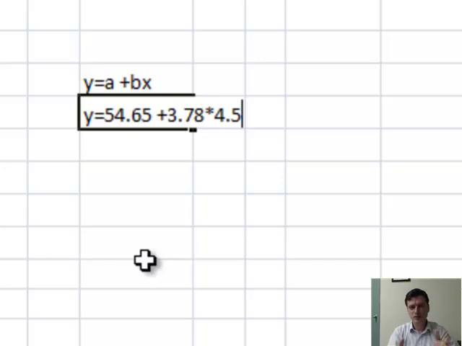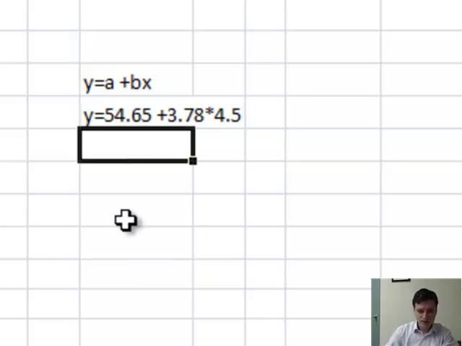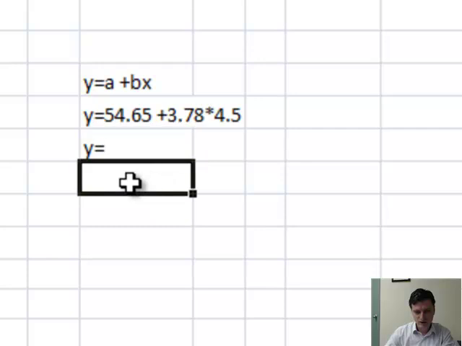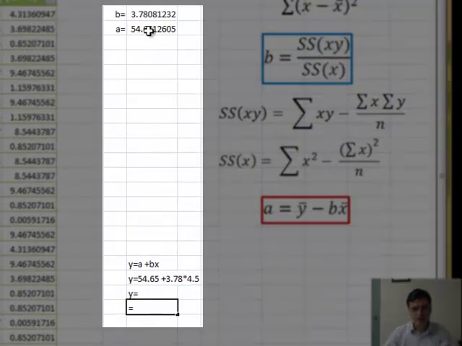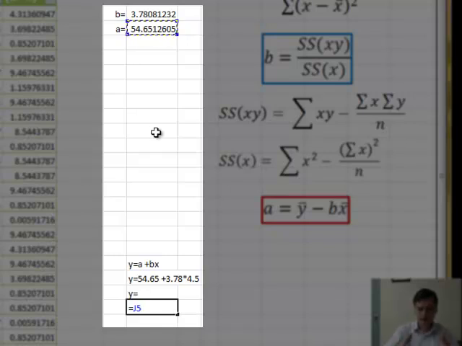I didn't put any parentheses here because we already know the order of operations: the multiplication goes first, then we do the addition. So y in this case is 54.64, which is a, plus b times 4.5.